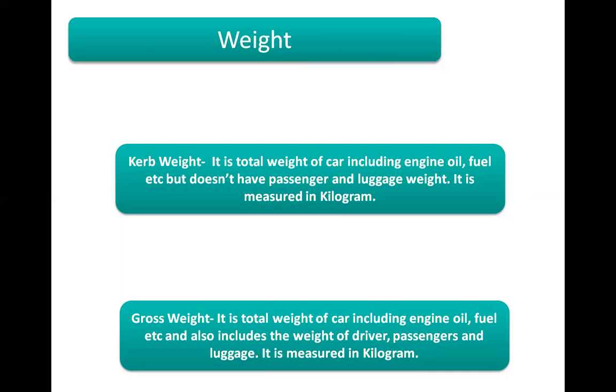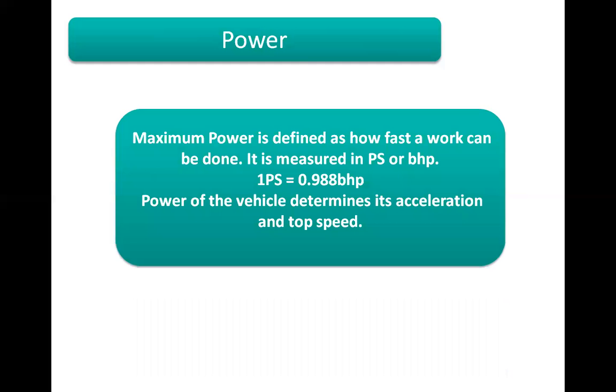It is measured in kilograms. What is gross weight then? It is the total weight of the car including engine oil, fuel, etc., and also includes the weight of driver, passenger and luggage. Again, it is measured in kilograms. So that is the difference between the curb weight and the gross weight.